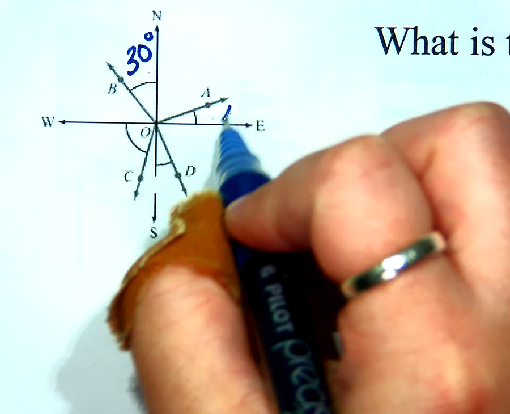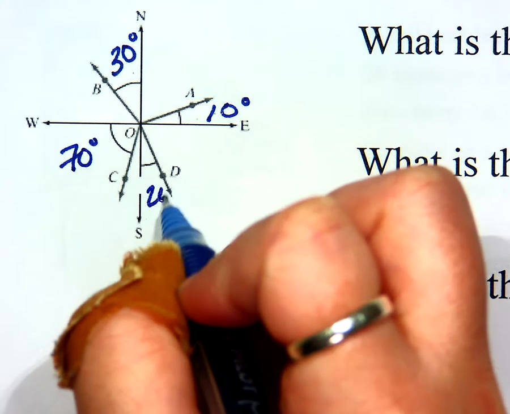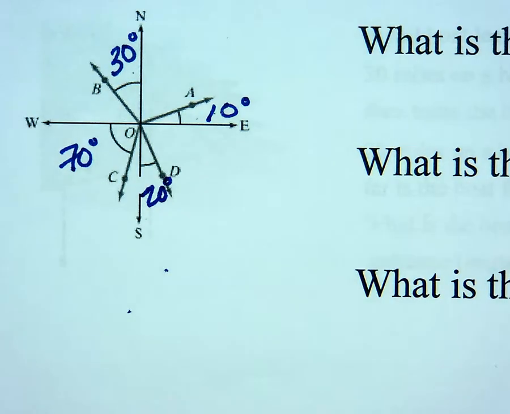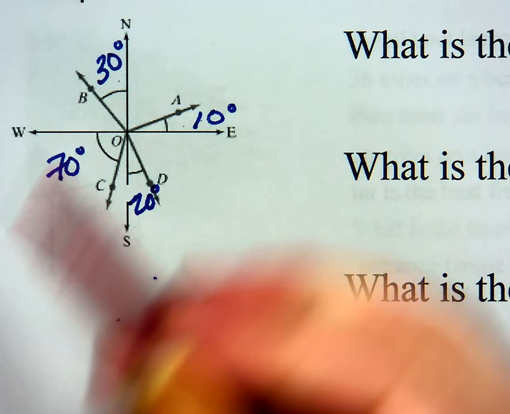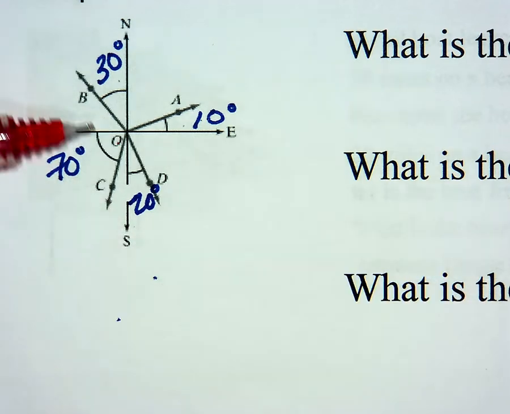Let's say that this is 70. And let's say that this is 20. Okay. First question. What is the bearing from O to B?